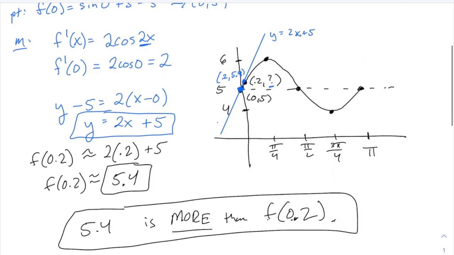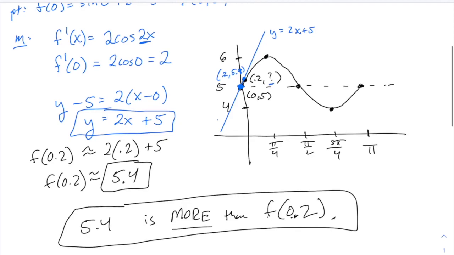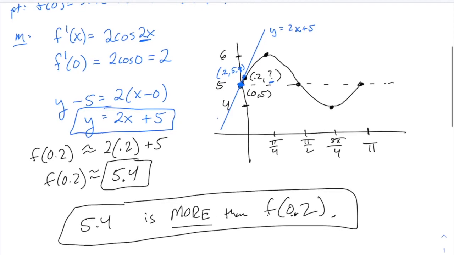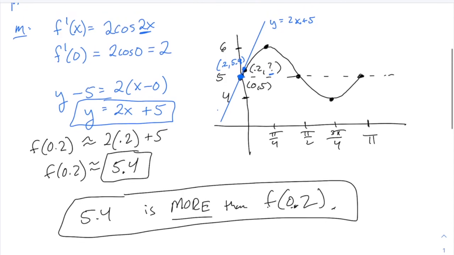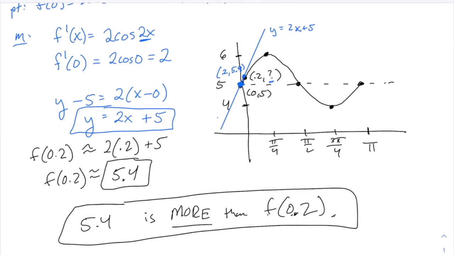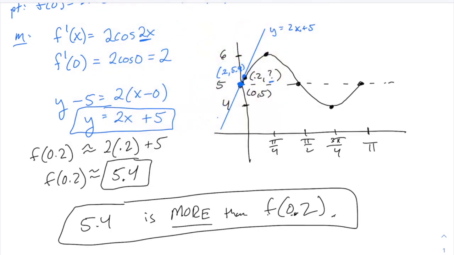Now in the future, when you're asked about these estimates, whether they're more or less, you won't always know what the graph looks like. This was just a nice example to build off something we know, a sinusoidal graph. But if you don't know what the graph looks like, there's one specific trait that really tells you whether the tangent line is going to give you a greater or a smaller estimate.